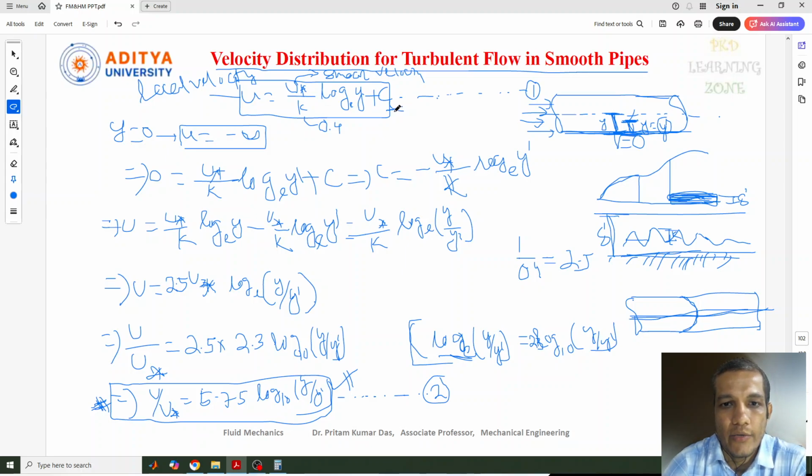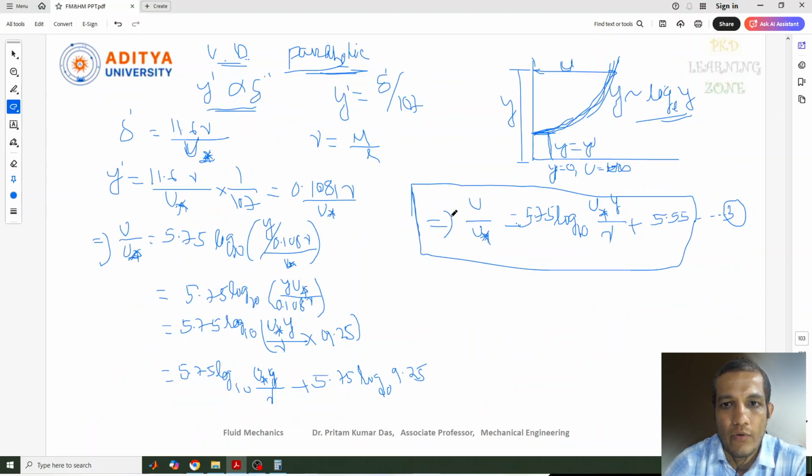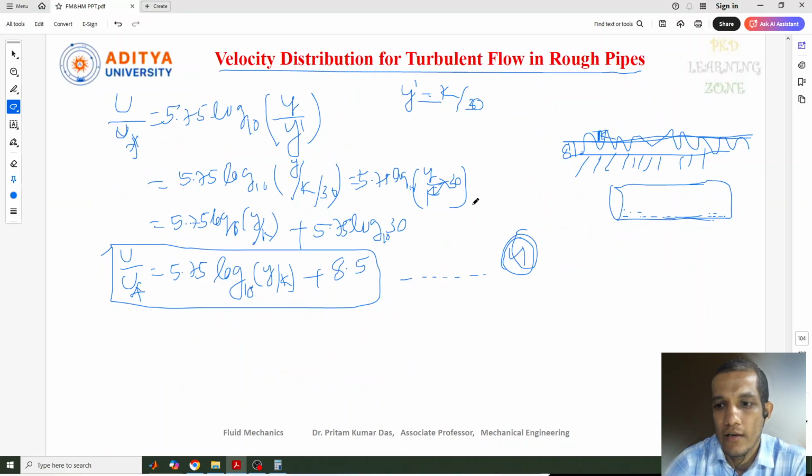Once you understand this equation, then we can go for the conditions: what conditions we have taken at y equal to y0, y equal to 0, then what the value of U. Then we can go for the next step and find out the velocity distribution for the turbulent flow in the smooth pipe as well as for the rough pipe.